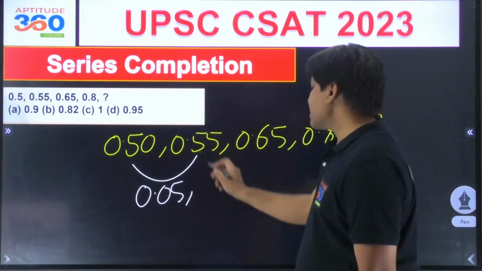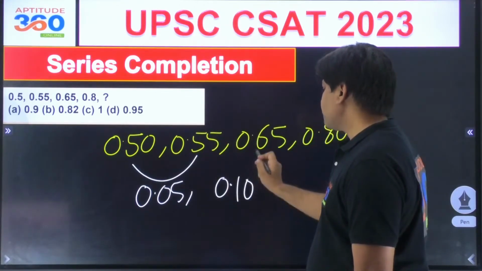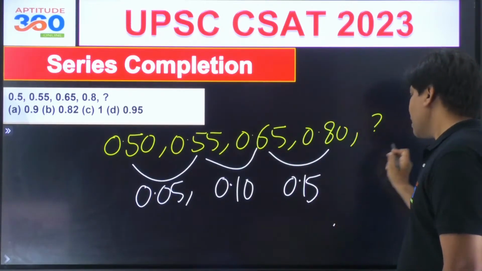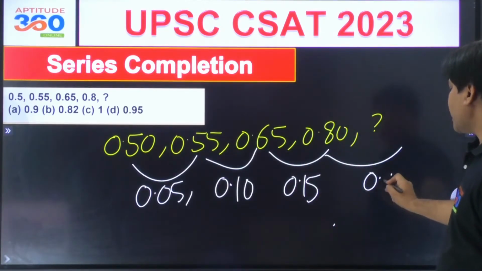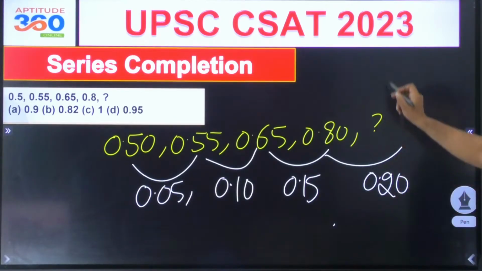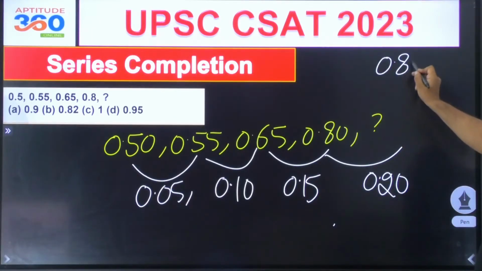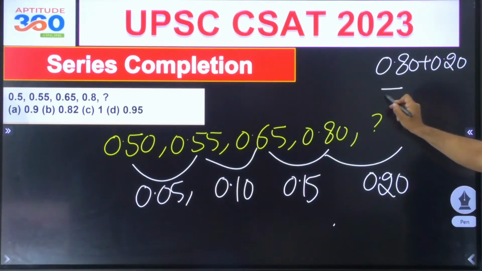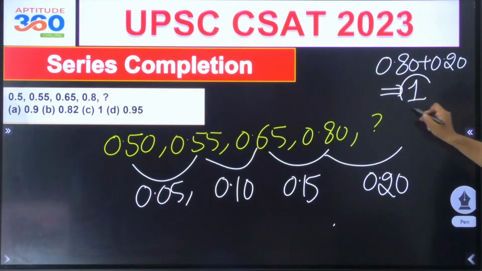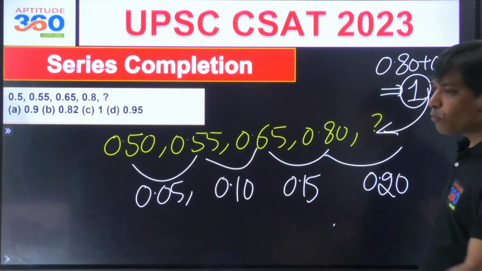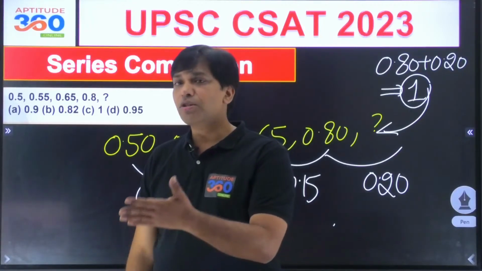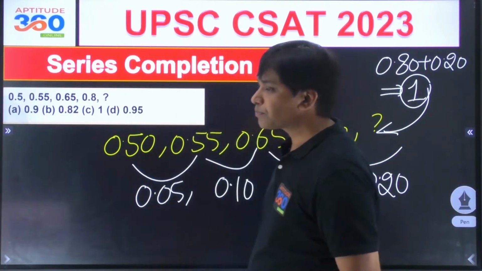And then this minus this is what? 0.10. And this minus this is what, 0.15. So this obviously will have to be 0.20. So this number will have to be 0.80 plus 0.20. If you add these two terms, what are you going to be getting? 1. So this will have to be 1. Almost everybody is getting the right answer. Divya and then Shivam and Debashish, you guys are getting the right answer.